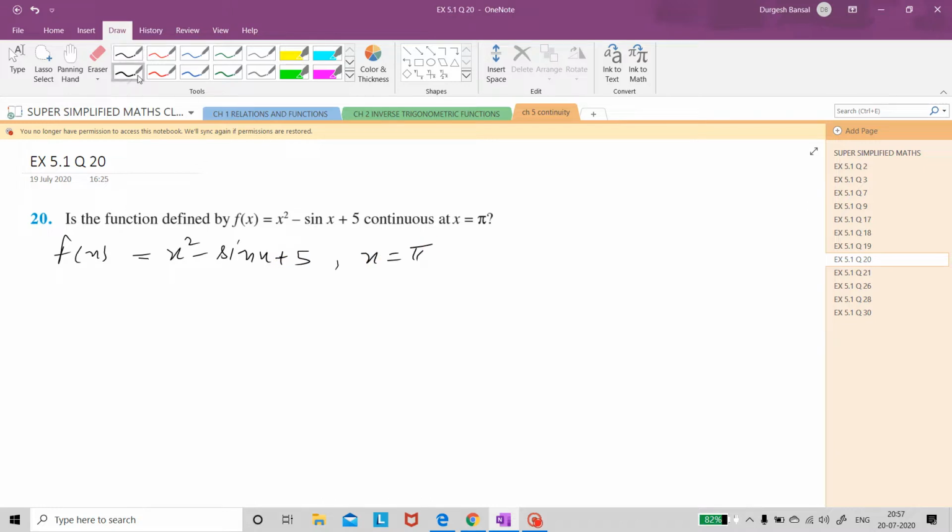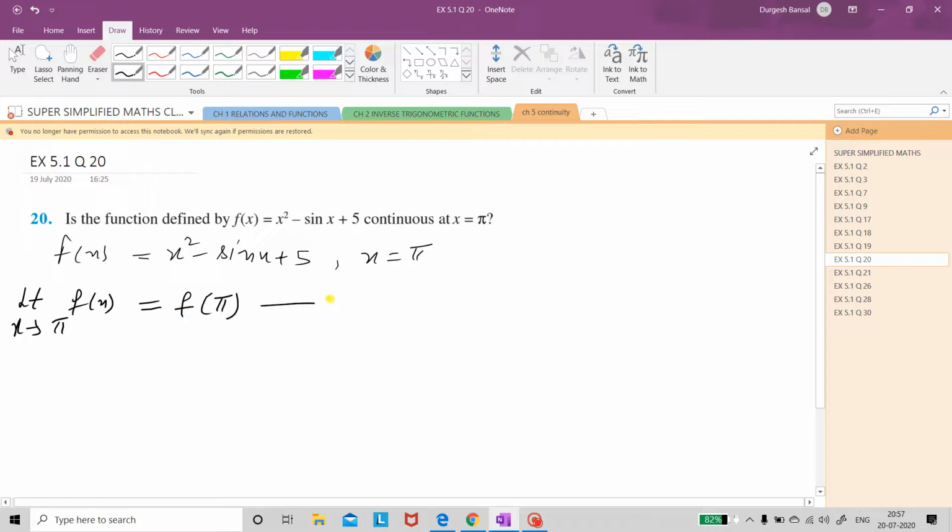So now we will find out whether the limit as x tends to pi of f(x) is the same as the value of the function at the point pi. This we have to check.